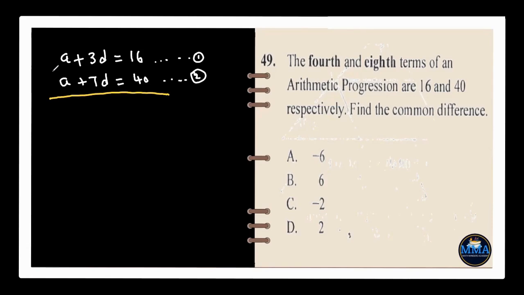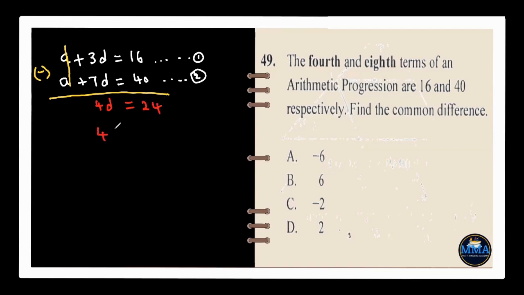So we are going to eliminate using subtraction now to eliminate A. So when we subtract equation 1 from equation 2, this A will be eliminated. That is, we say A minus A. Now, what we have here is 7D minus 3D, that is 4D. This side, 40 minus 16 gives us 24.